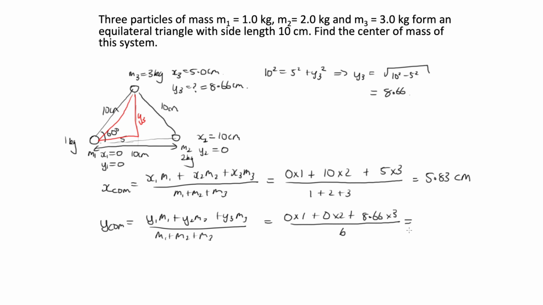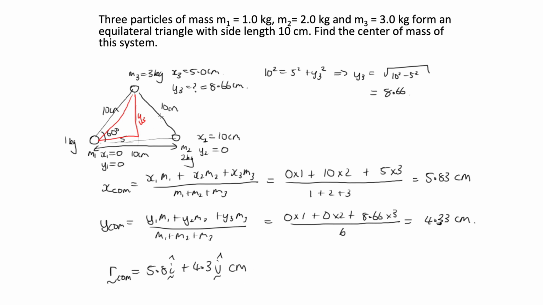So solving this on the calculator, we get 4.33 centimeters. Okay, so if we want to give the center of mass, one way to write it is in unit vector notation. So the location of the center of mass is 5.8 i, where i is along the x-axis, plus 4.3 j centimeters.